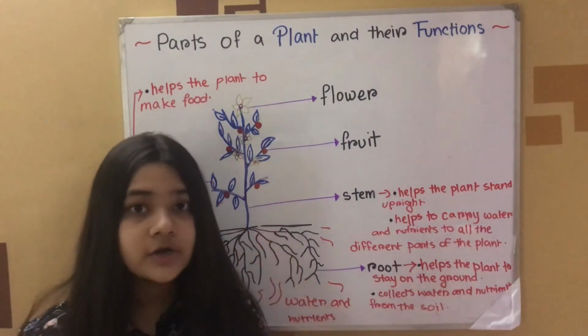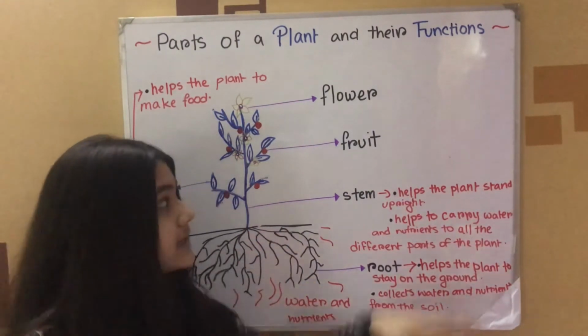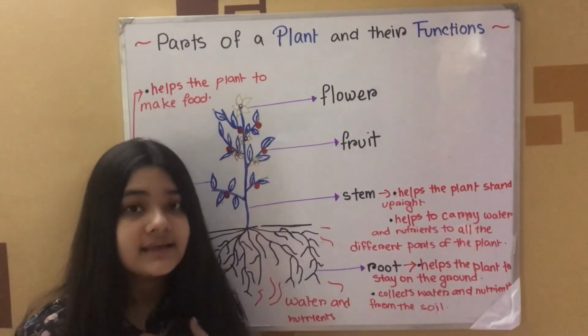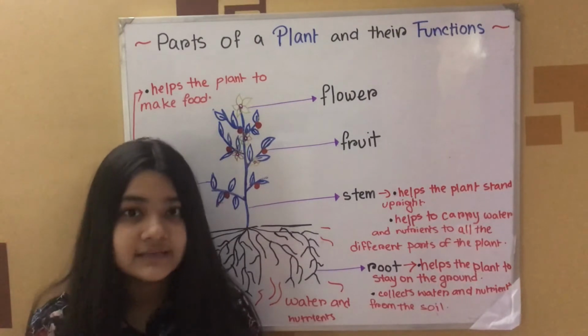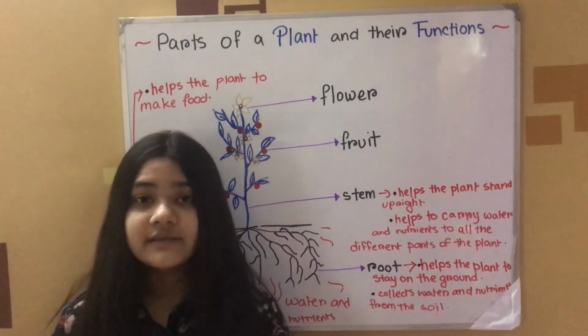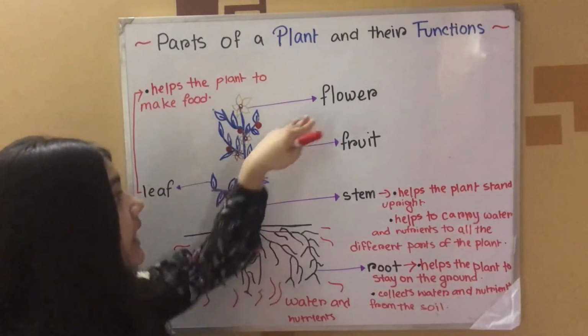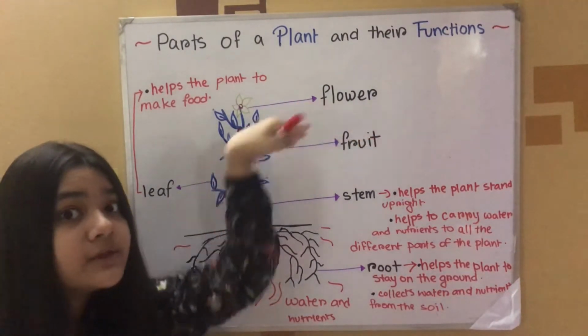The fourth part of the plant we are going to learn is the flower. The flower, personally, I think is the most beautiful part of the plant. The flower comes in various different colors and shapes, and its beauty comes with a reason.